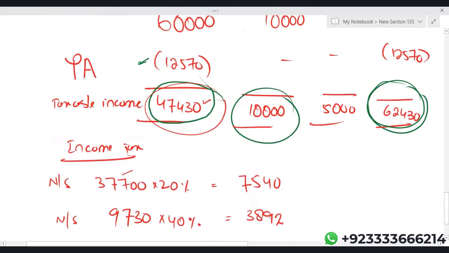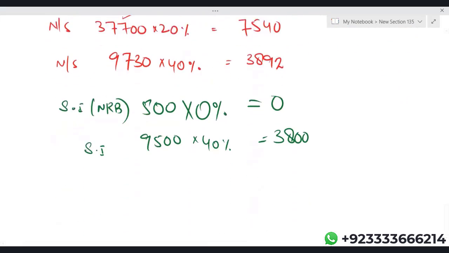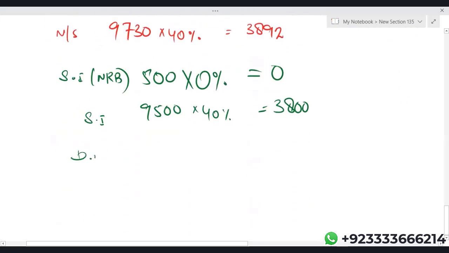Now dividend income. When it comes to dividend income, every individual gets a nil rate band of 1,000 irrespective of the taxpaying status. So simply dividend income, nil rate band, 1,000 into 0% is obviously 0.